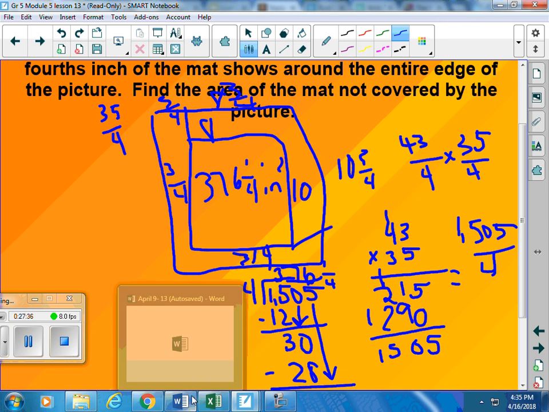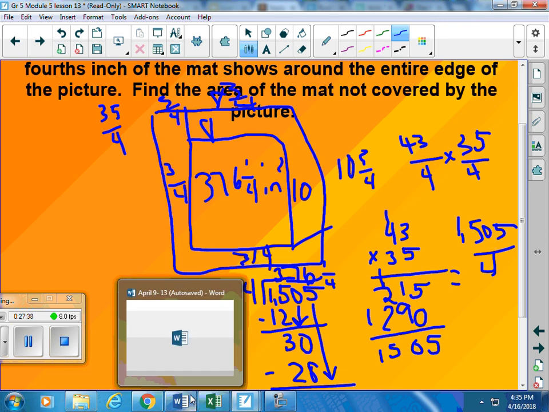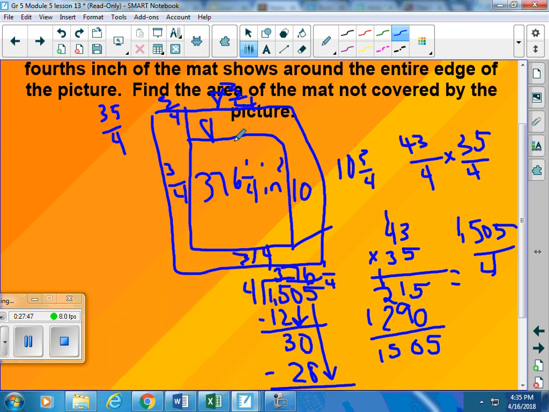Okay, that's everything. What it's wanting to know now is what happens if I take off this area that's 8 by 10, this area that is 80. Because this is the picture. It's 8 by 10.